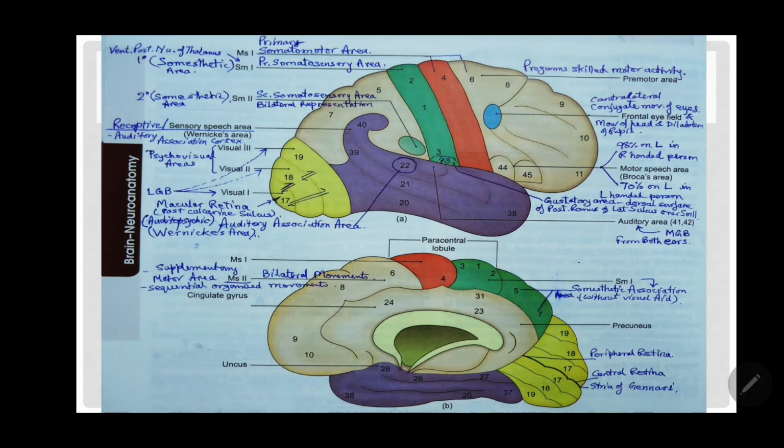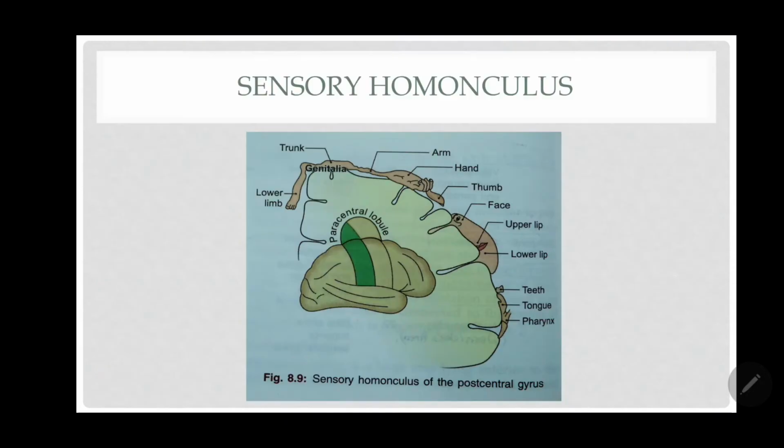Now about the areas represented. Well, why shouldn't I show it here only? Yes. So here you are seeing the sensory homunculus. Just now I taught you about the postcentral gyrus. This is the coronal section of the postcentral gyrus.